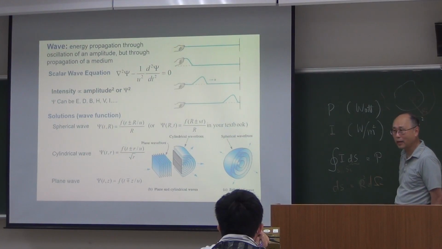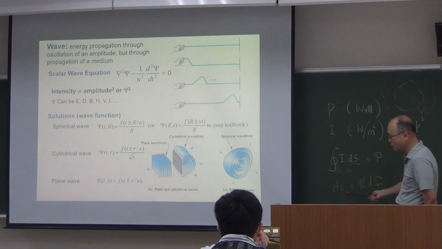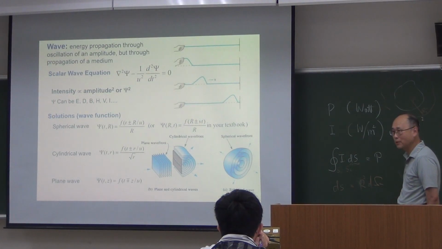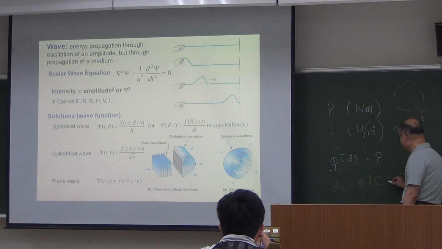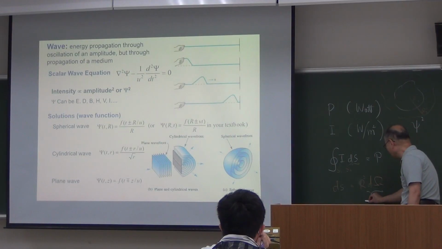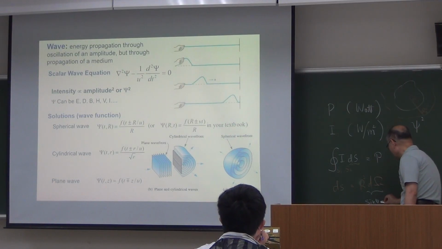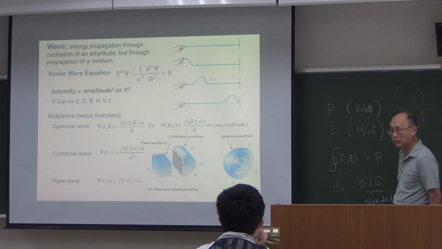the solid angle, right? This is from basic calculus. You know that if I do a surface integration in the spherical coordinate system, then this is going to be the R square and the solid angle. The solid angle here is equal to sine theta d theta d phi in the spherical coordinate system.